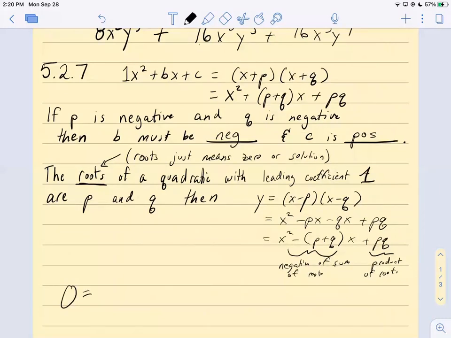Yeah. So this is just a nice thing, and we'll talk about this later. This is not something of major importance right now. But if I ever write down an equation like this, x squared plus 7x plus 12, do you guys know what the roots are here? What are the solutions to this equation?